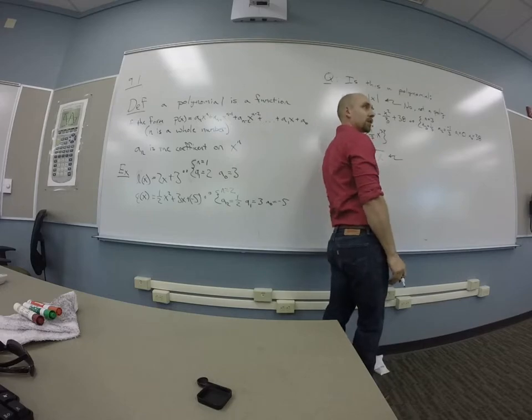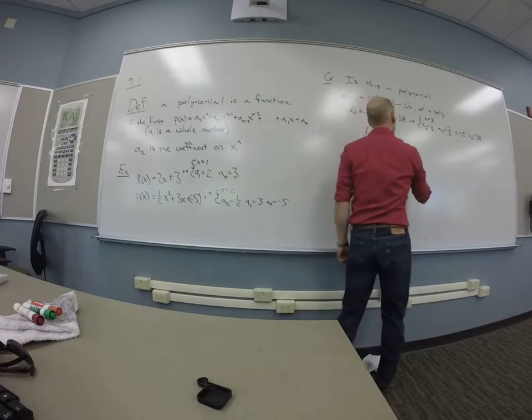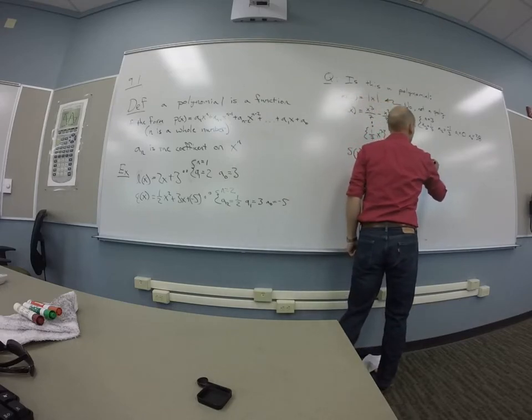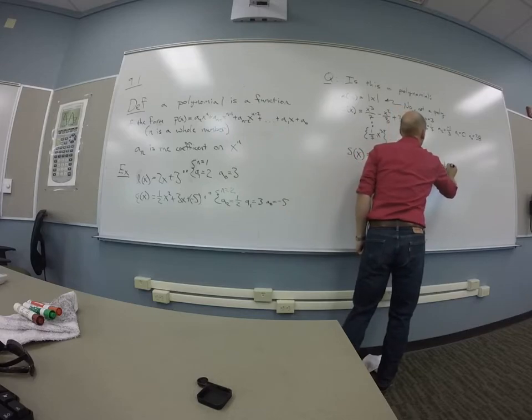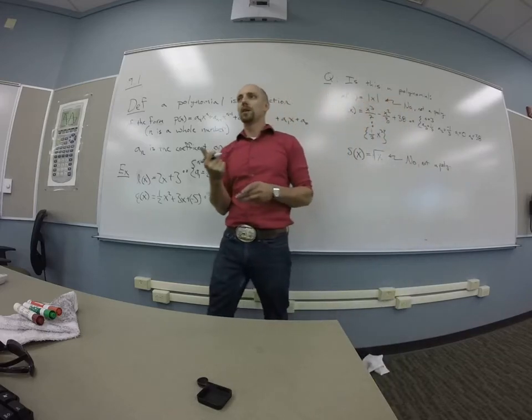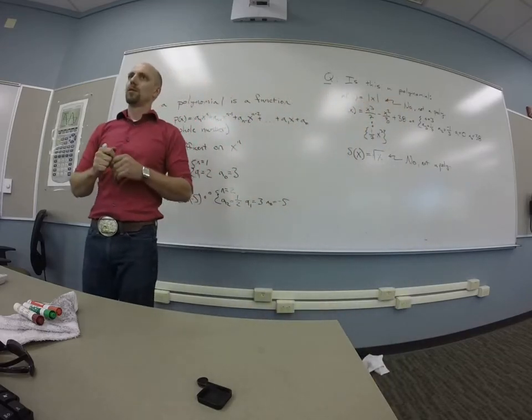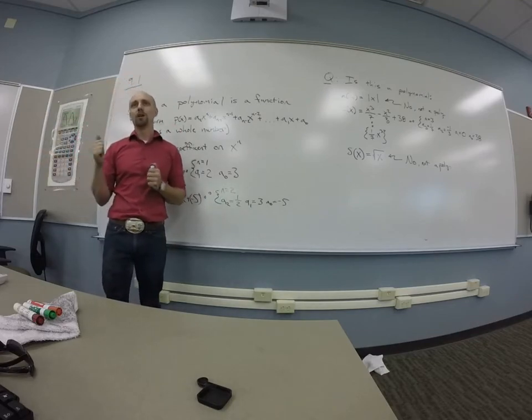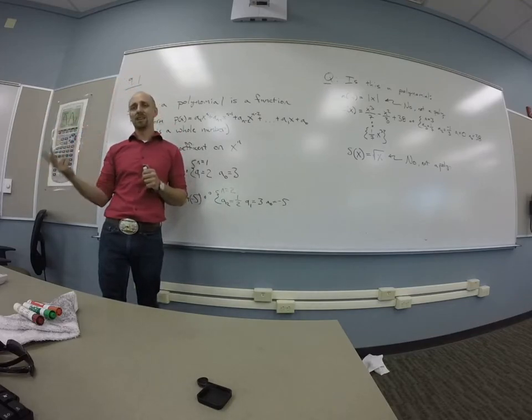Yeah, so I need to convince myself that this is not a polynomial, and I want to think about why. Okay, so what were the allowed things? I can multiply by a number, I can add, and I can use a natural number exponent.